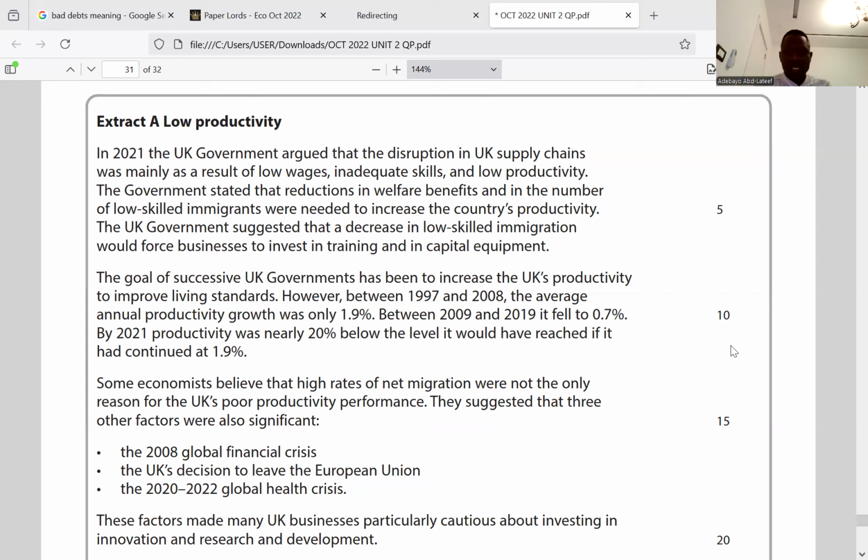So that's about productivity. So productivity is output divided by what?